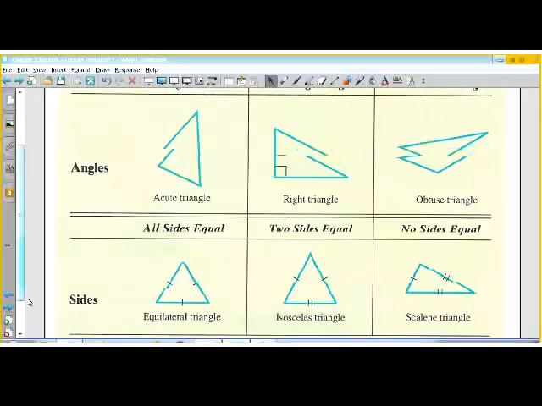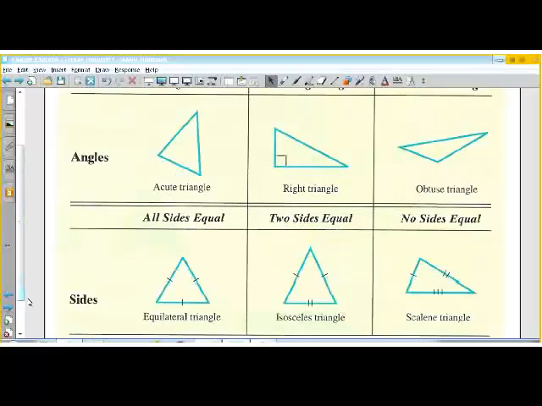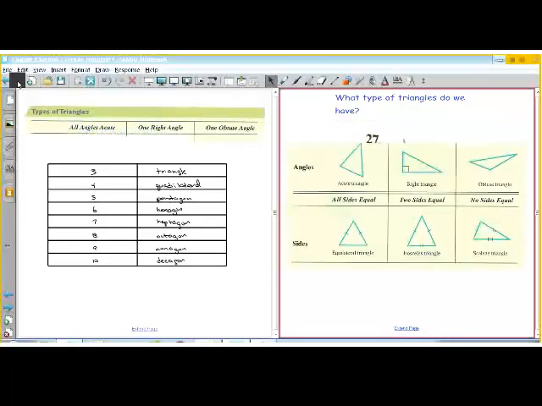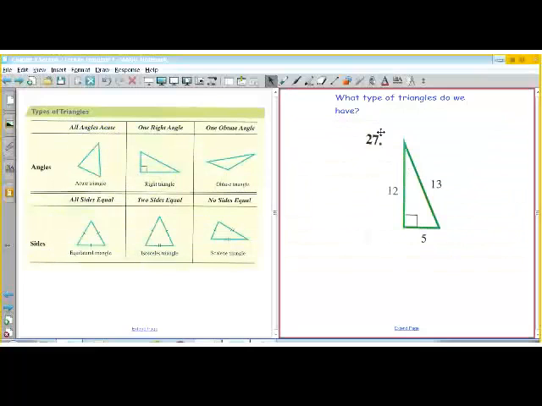So part of your homework is just to recognize triangles by these characteristics. So here's a few examples just to give you an idea what the homework's about. Here, what type of triangle do we have?